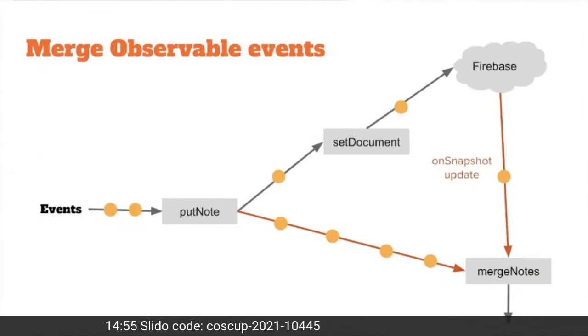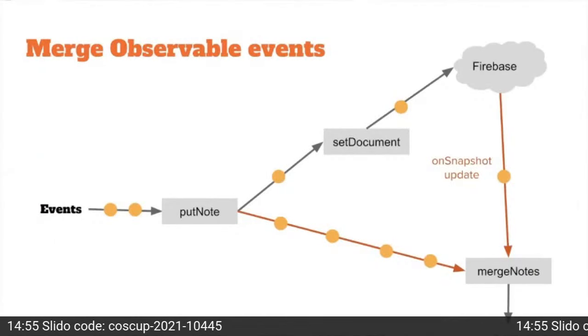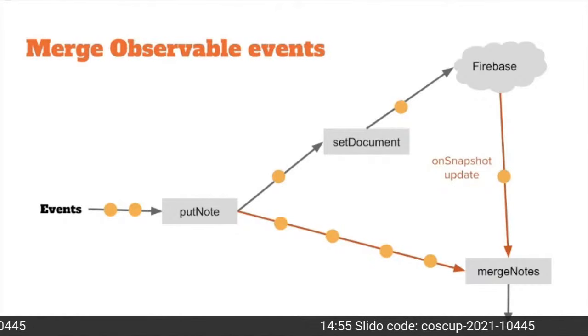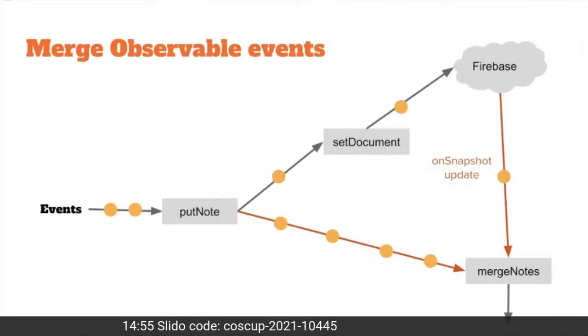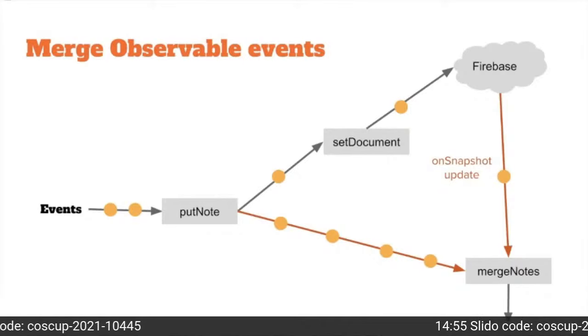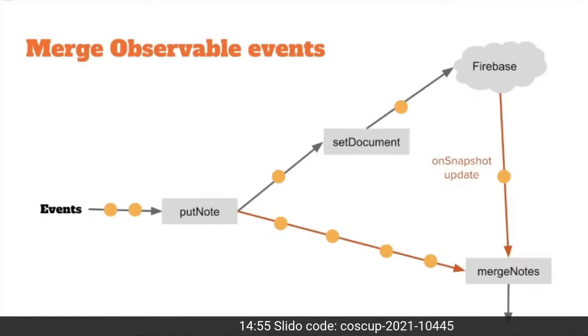And since our interface of the reactive model is a single list of nodes, we need to somehow find a way to combine the result from local and from Firebase. So here again, we use merge observable.